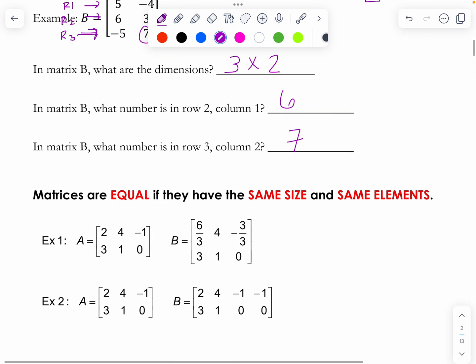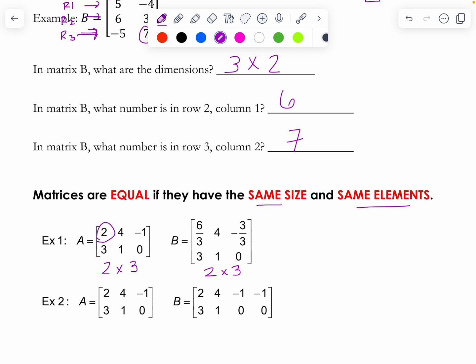Okay, now matrices are going to be equal if they are the same size and if they have the same elements, or if the same elements can be simplified to be the same. So if I look at example 1, matrix A is going to be a 2 by 3. This is also a 2 by 3, so they're the same size.